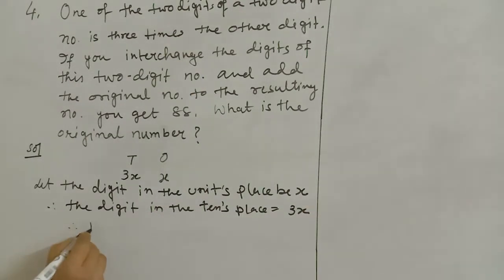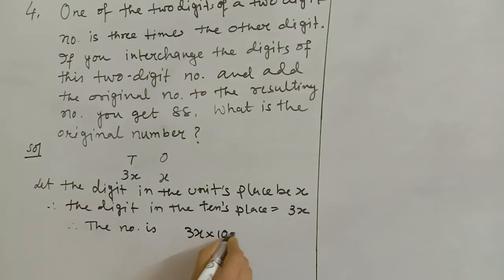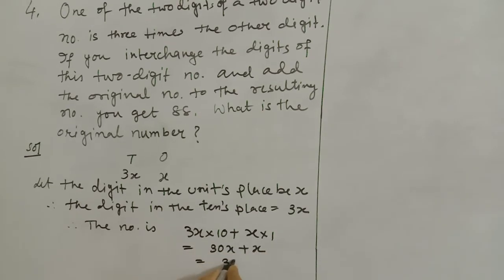Therefore the original number is, written in the expanded form, 3x, as it is in the 10's place, 3x into 10 plus x, as x is in the unit place, x into 1. The number becomes 30x plus x equal to 31x.